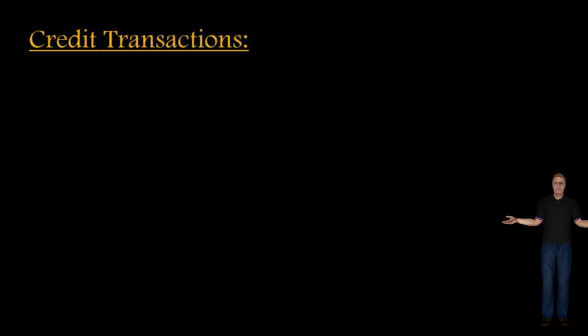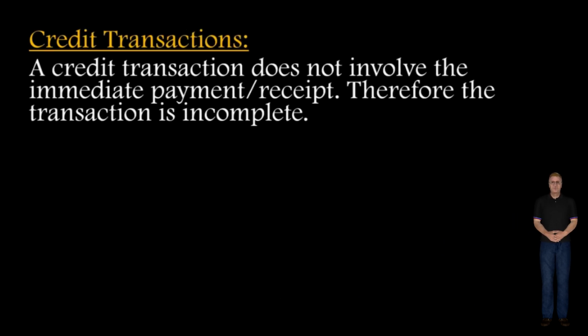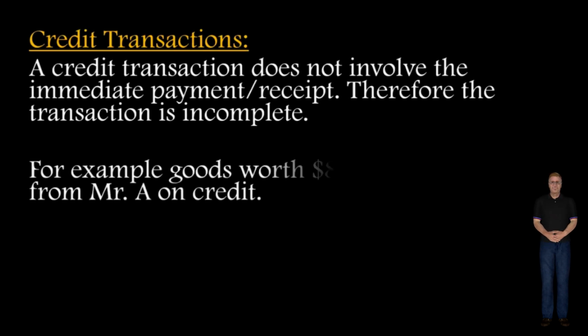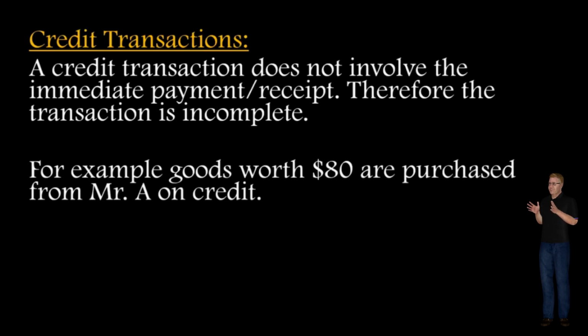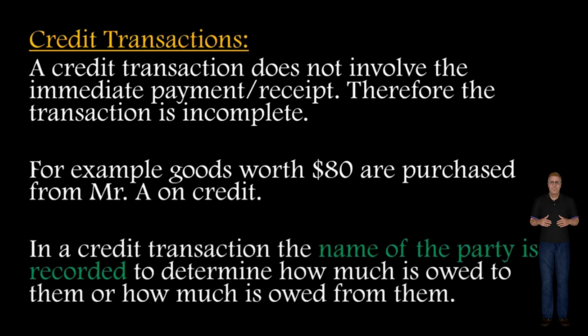A credit transaction does not involve the immediate payment or receipt. Therefore, this kind of transaction is incomplete. For example, goods worth $80 are purchased from Mr. A on credit. Now, in a credit transaction, the name of the party, which in this case is Mr. A, is recorded.